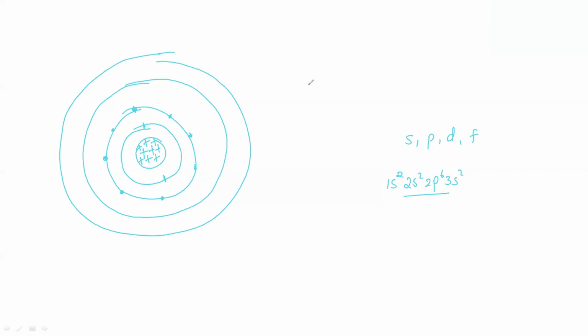As you're moving into the 3D series, that is how the electrons are getting filled. For example, scandium, titanium, vanadium, chromium, manganese, then Fe, cobalt. Scandium is 21, then 22, 23, 24, 25, 26, and this is 27.